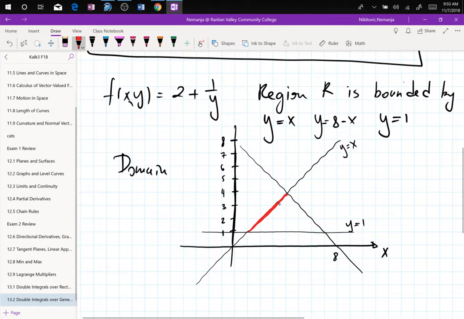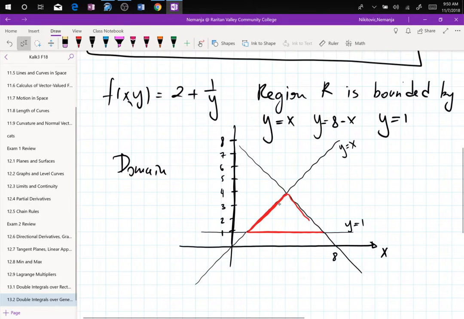This. There we have it. Region R. It's a triangle. This is your cookie cutter stencil.